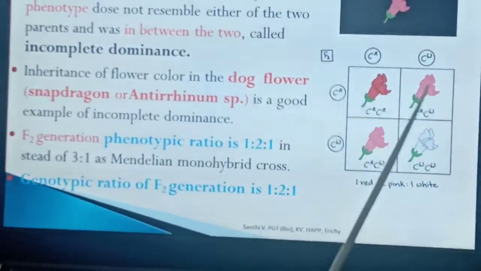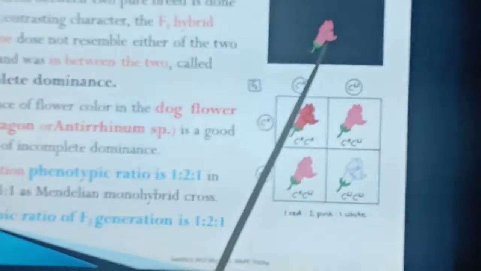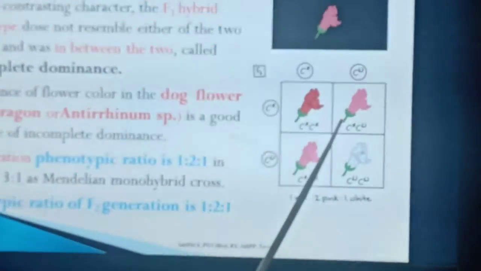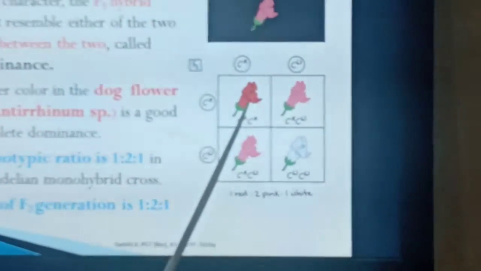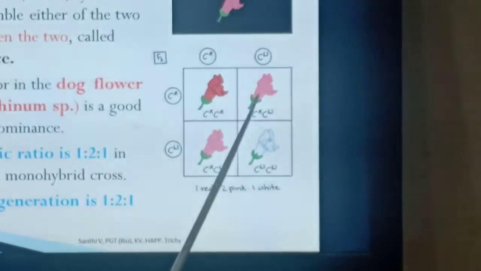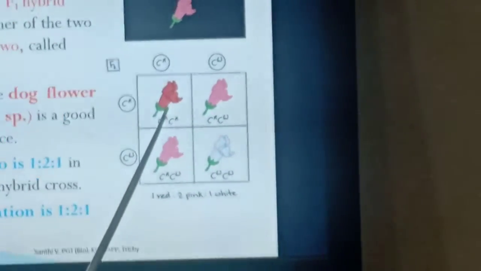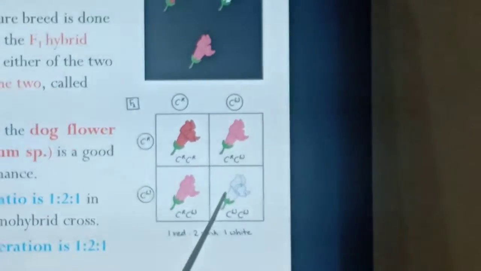When you see the F2 generation, what do we do? If the F1 hybrid is allowed for self-pollination, it results in the F2 generation. In the F2 generation, what ratio is produced? 1:2:1. That means there are red flowers, pink flowers and white flowers.